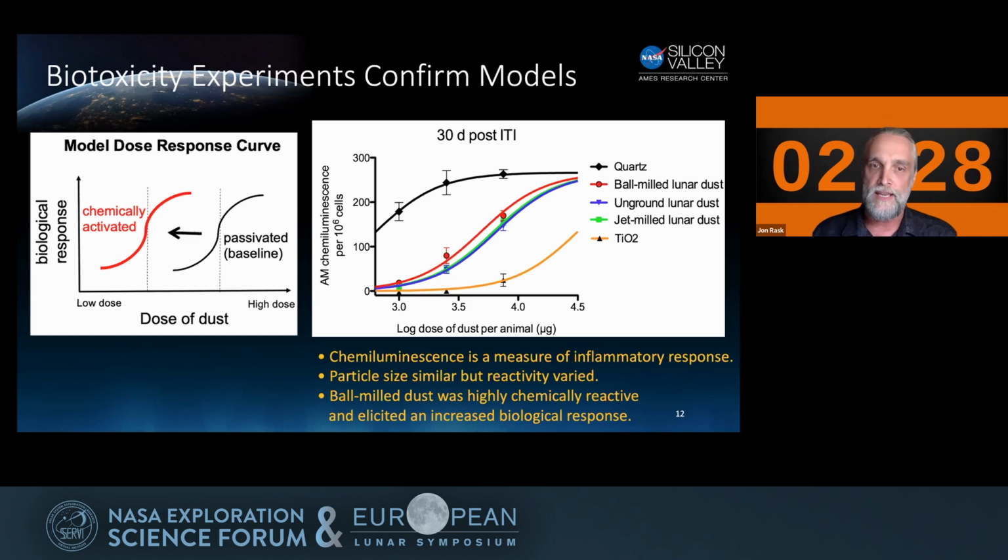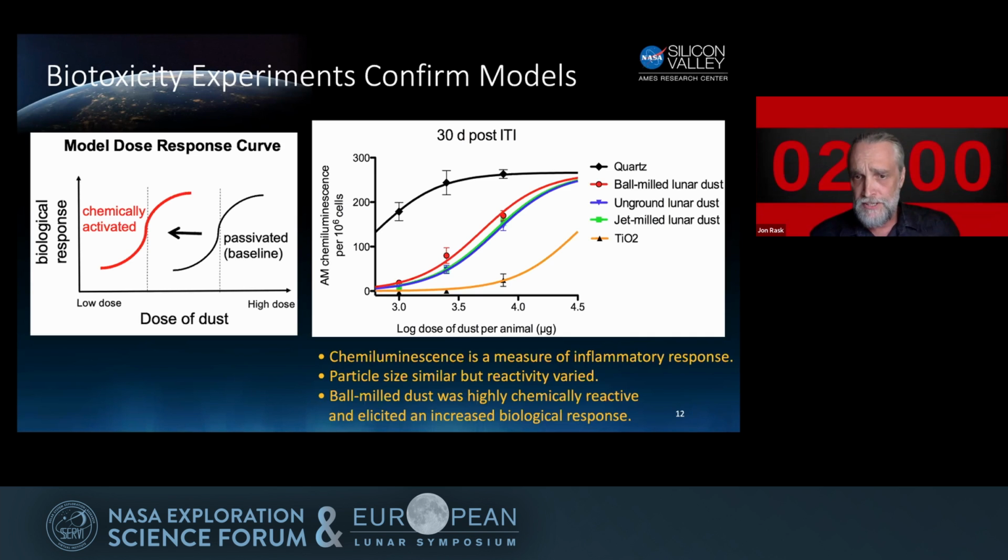And the short story is that the material which was more highly chemically reactive, as assayed by the hydroxyl radical scavenging assays we've used, was more biologically toxic. Although the difference was small, it was highly statistically significant in terms of it being more impactful in the lungs of the rats.